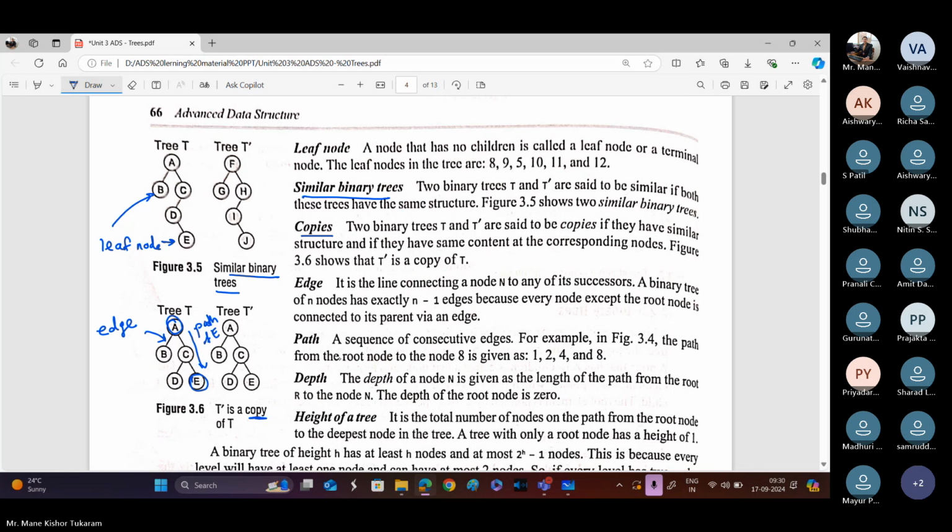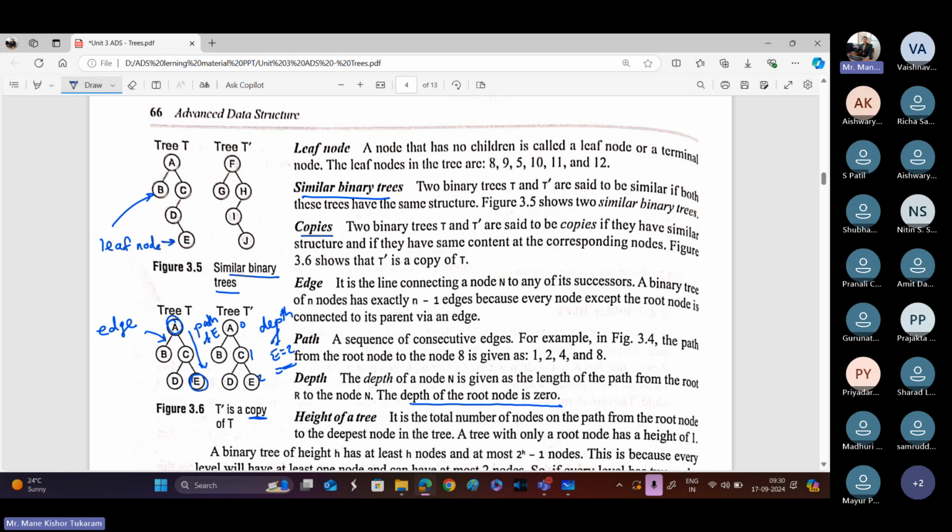Then depth means what? Depth of the node is given as the length of the path from the root node. Okay. So for example, suppose I take depth of E, it will start with 0, then 1 and 2. So it is 2. Okay, so depth of the root node is 0.